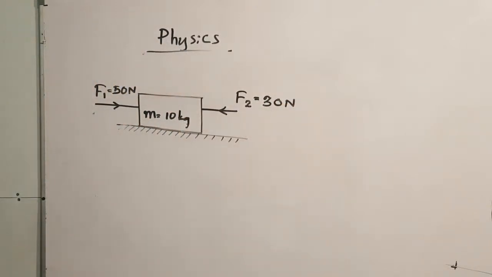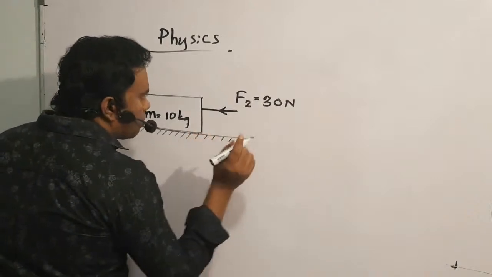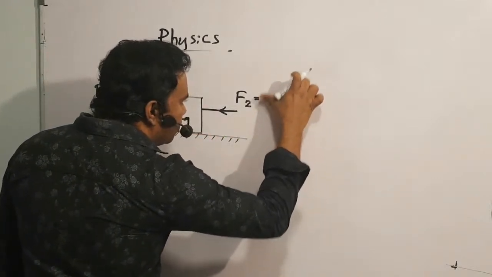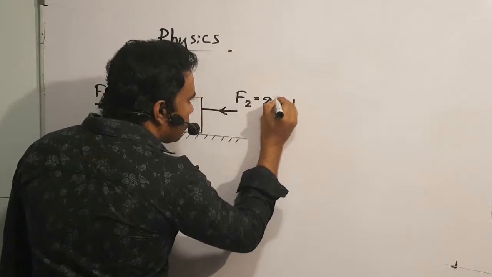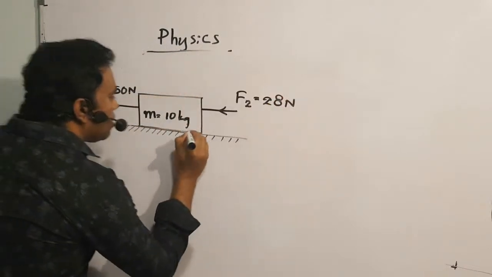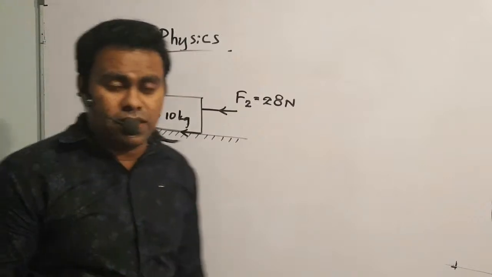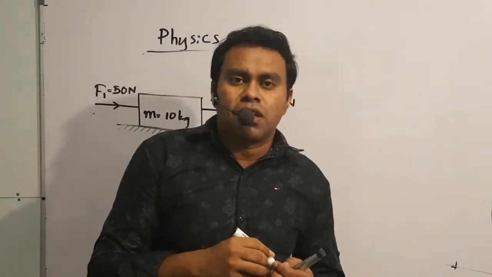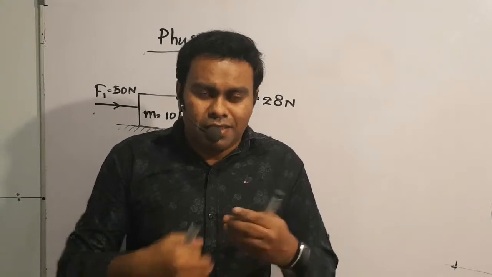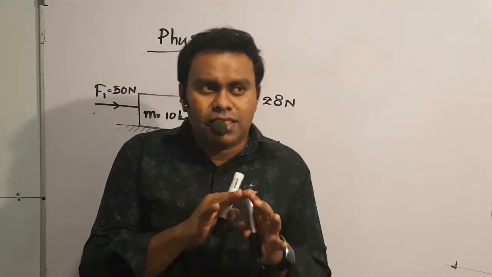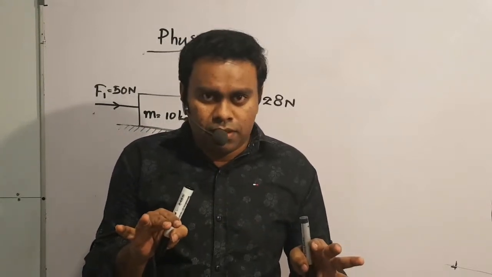Okay, let's do that. As this surface is not smooth, all the surfaces are not smooth. Okay, but in imaginary problems we consider there's a smooth surface.